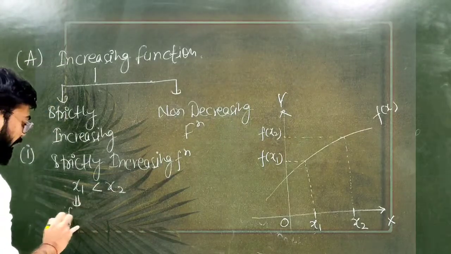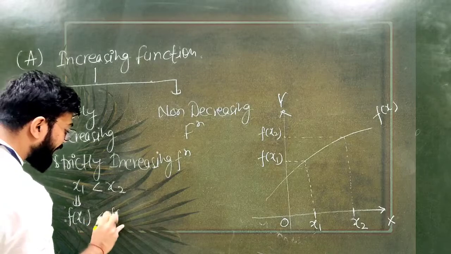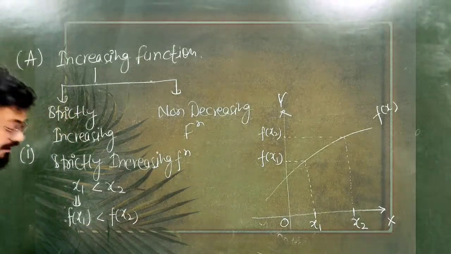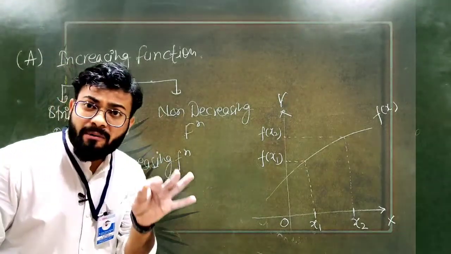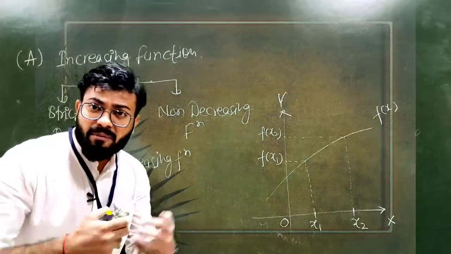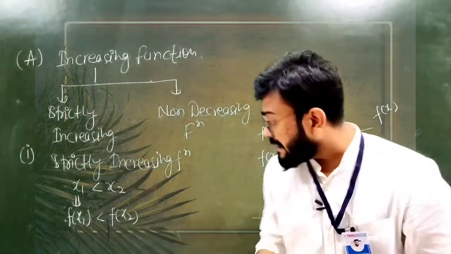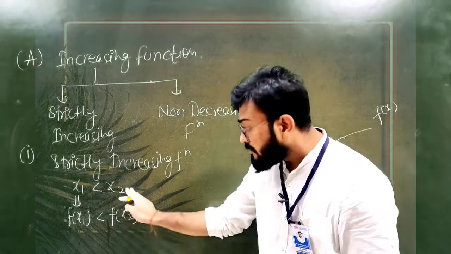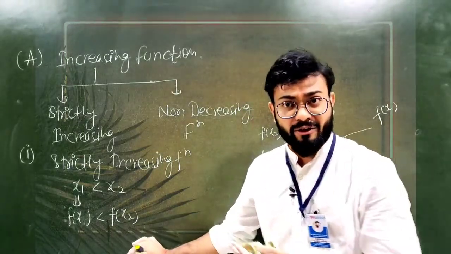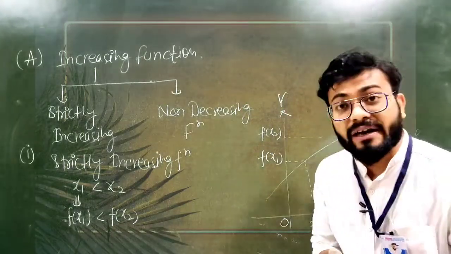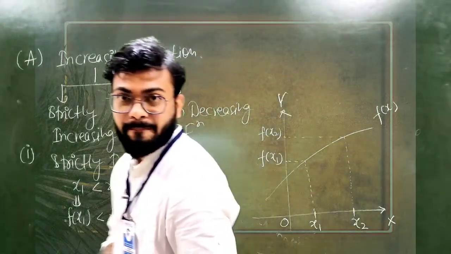Corresponding to this, f of x1 will be smaller than f of x2. If we put a smaller input, we will get a smaller output, and for a larger value of input, we will get a larger value of output. Then that function is known as a strictly increasing function.